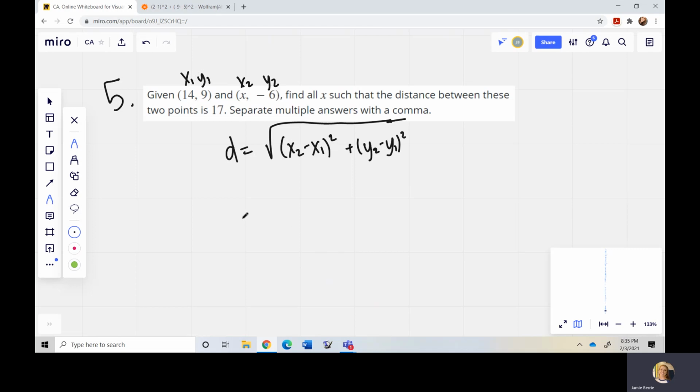It doesn't matter. All right, and it told us that the distance is 17. So D is getting replaced by 17. Then we have a square root. All right, then we have x2 minus x1. So x minus 14 squared plus y2 minus y1. So that's -6 minus 9 all squared.